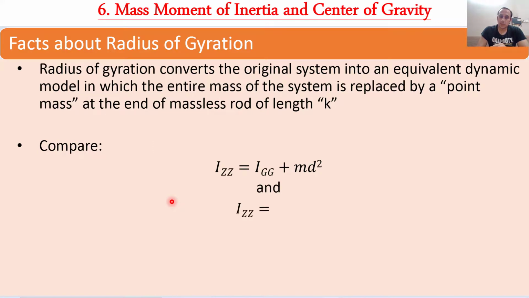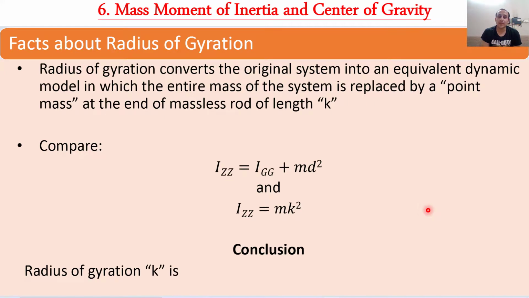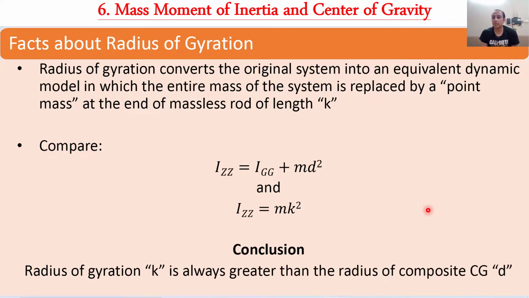We have another equation, Izz equals m k squared. By comparing these two equations, we can conclude that the radius of gyration k is always greater than the distance of the composite CG from the axis of interest, which was denoted by d in the hammer example.